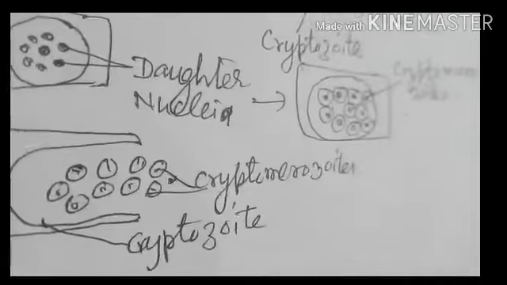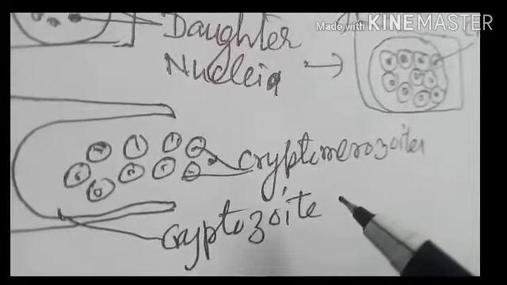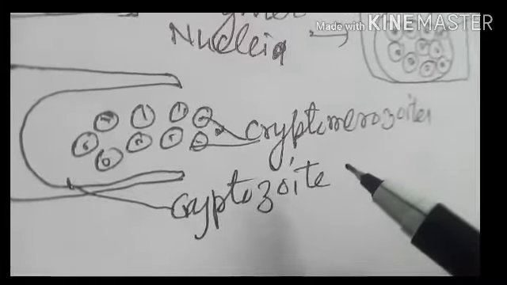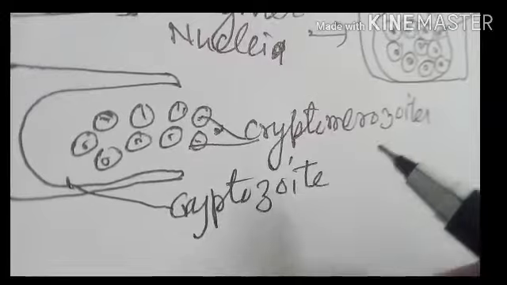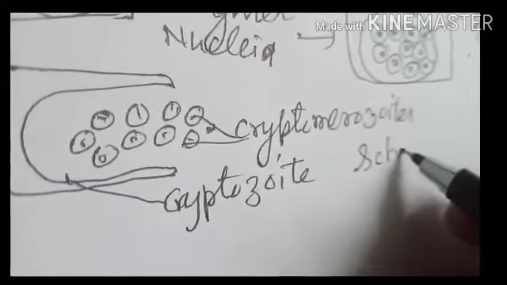They are liberated into blood. This whole process is known as multiple fission or schizogony.